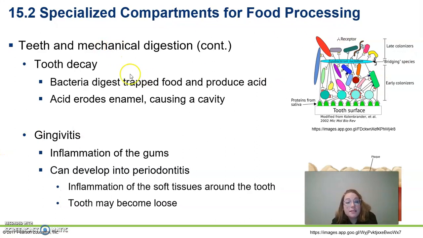Some imbalances. Tooth decay. So bacteria help break down our food. They produce acid. That acid erodes our teeth, our enamel, which is the hardest structure in your body. It's made out of hydroxyapatite. Really interesting, there is what's called a biofilm, a film of life on our teeth.